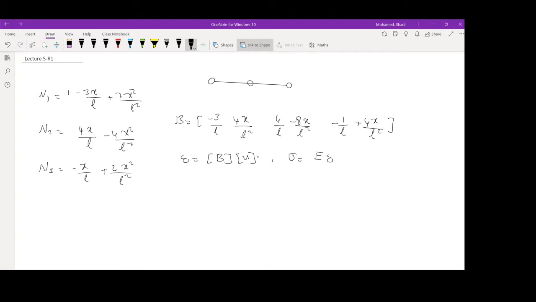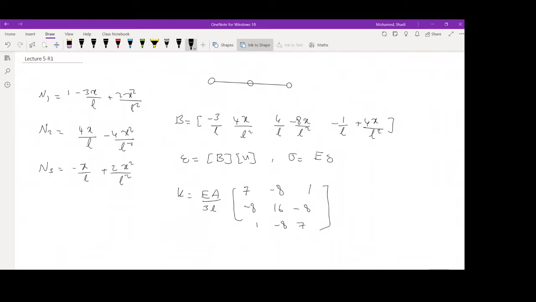And then based on these, we developed the stiffness matrix. I'm just going to also write the stiffness matrix here. So the stiffness matrix is EA over 3L times 7, minus 8, 1, then minus 8, 16, minus 8, and then 1, minus 8, and 7.